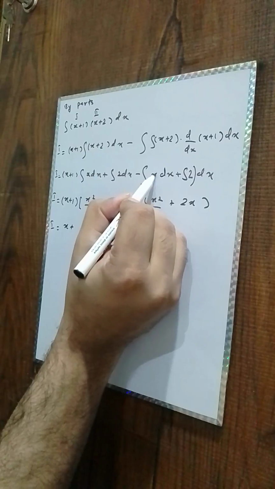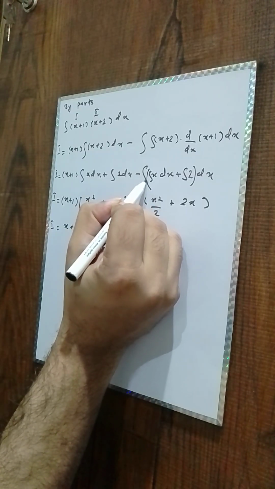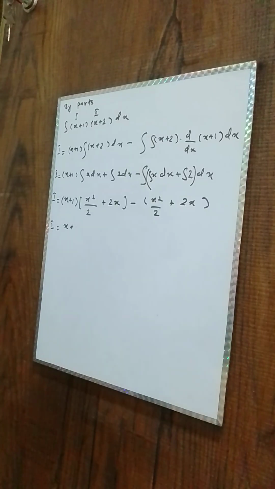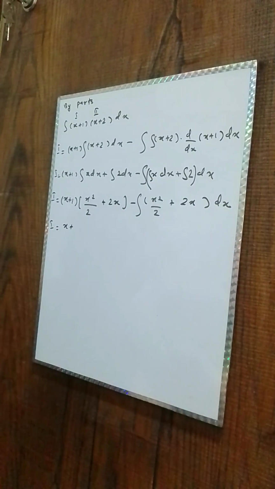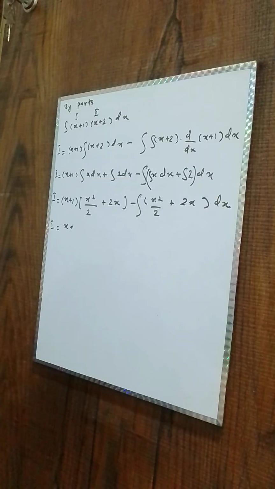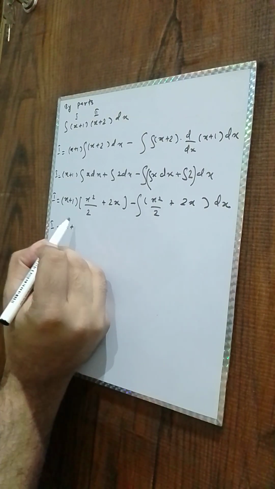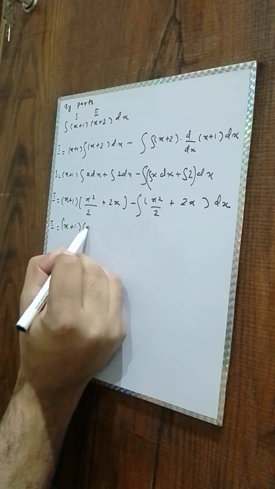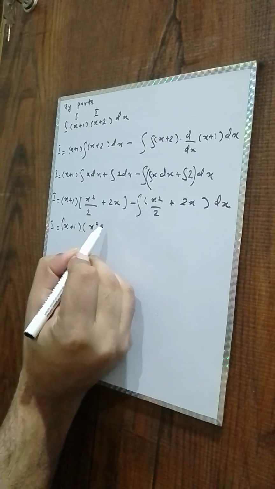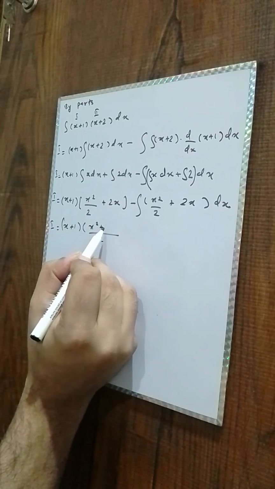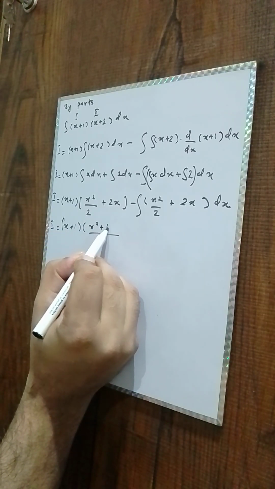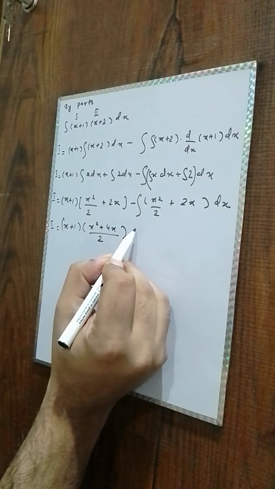So integral of integral within the brackets. This thing is still to be integrated. So what is going on is x plus 1 here outside, and then we have x squared plus, we take the LCM here, x squared plus 4x, and then we go further and integrate.